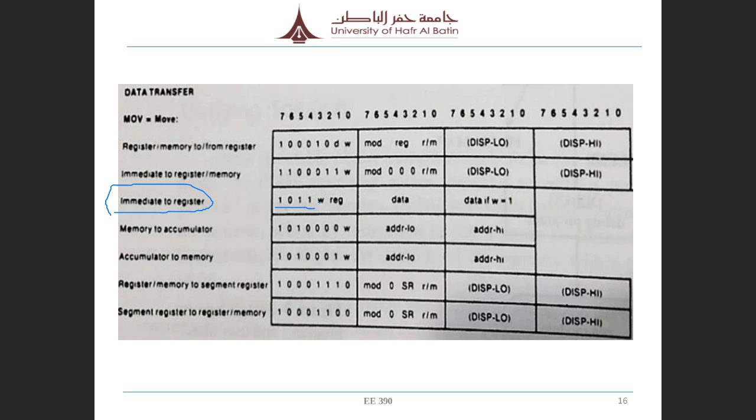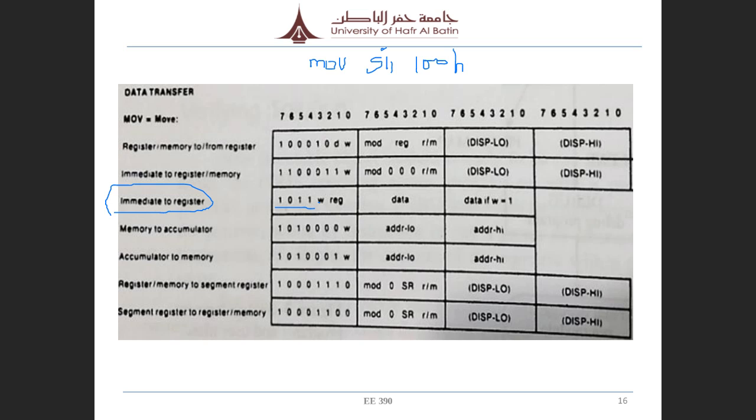Let me write it here: move si comma 100H. Can we use immediate to register/memory? We can, but this is already very clear, so I think we should not go for that option. Both formats may work even though they are not the same, but we use this one because it is very clear.